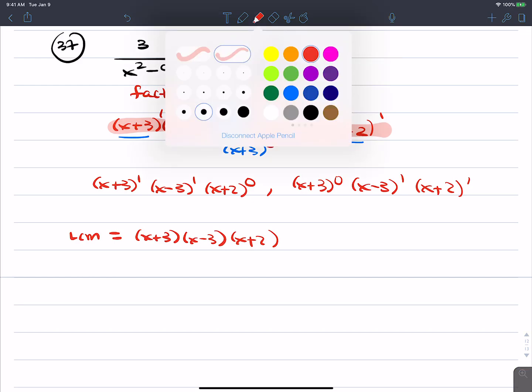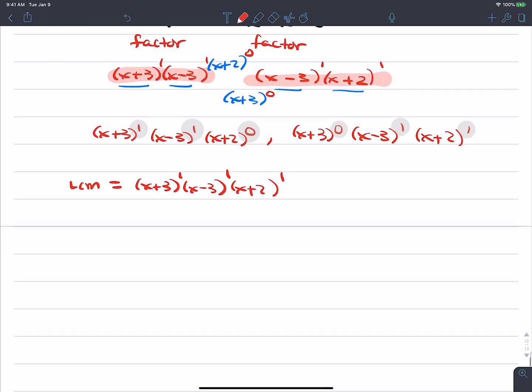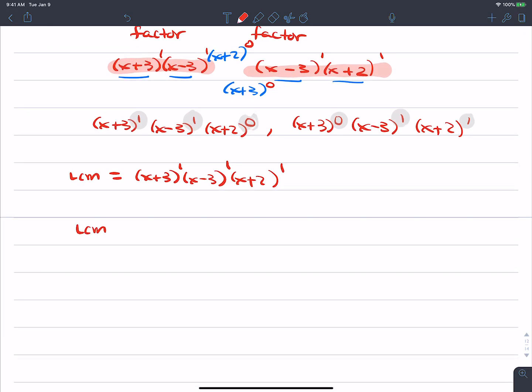So when we compare, we have 1 versus 0, the answer is 1. 1 versus 1, the largest is 1. 0 and 1, the largest is 1. So your LCM here will be x plus 3, x minus 3, x plus 2.